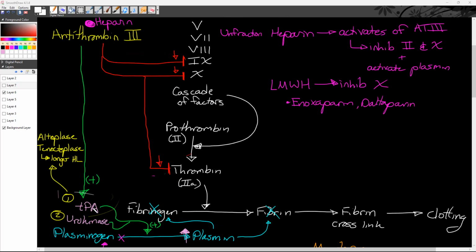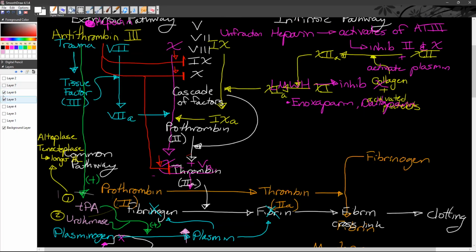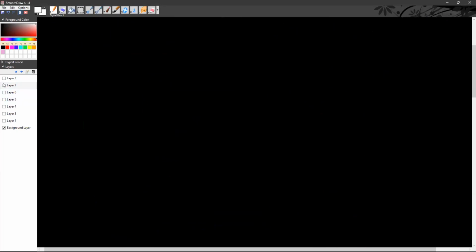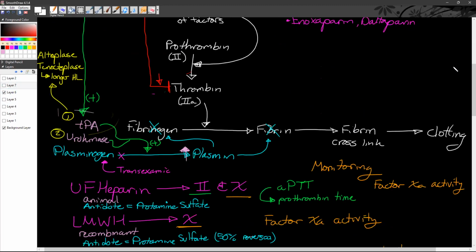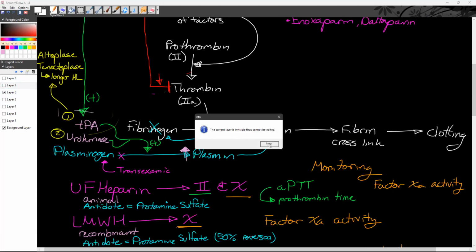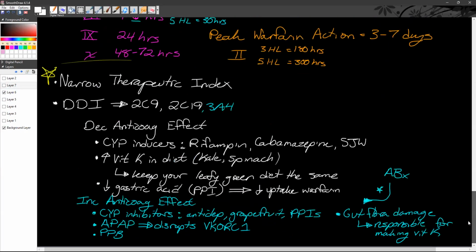So we can just give synthetic versions of TPA instead of giving synthetic antithrombin, for example. Got it. And then for warfarin, it prevents vitamin K from being recycled, right? From being reoxidized. Exactly. Yep.